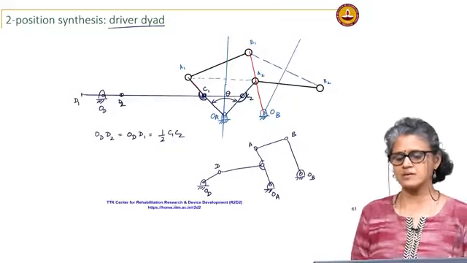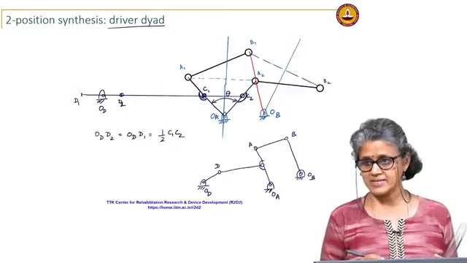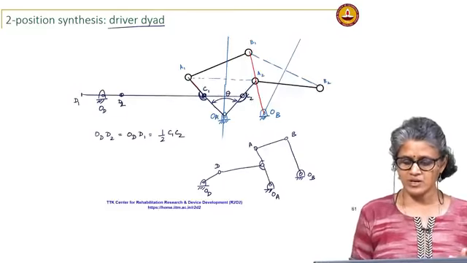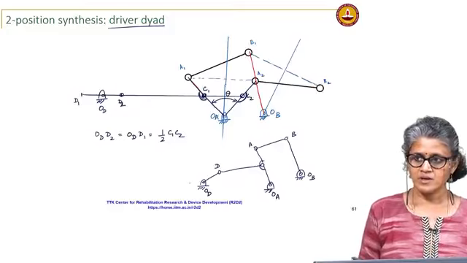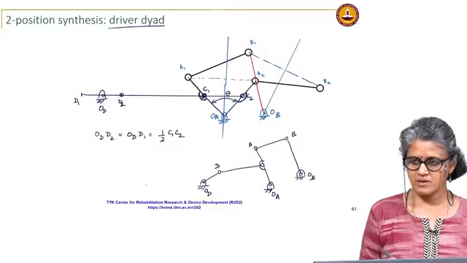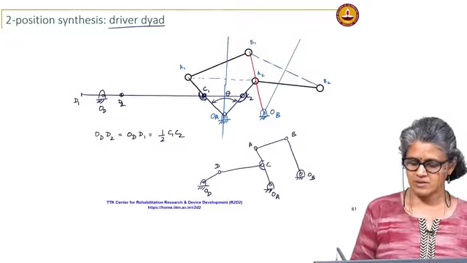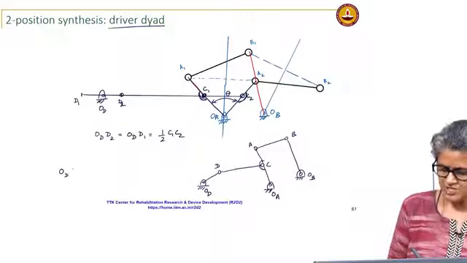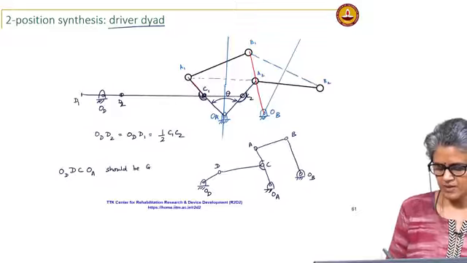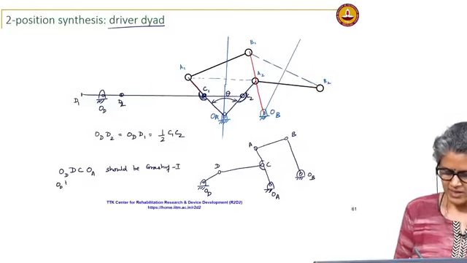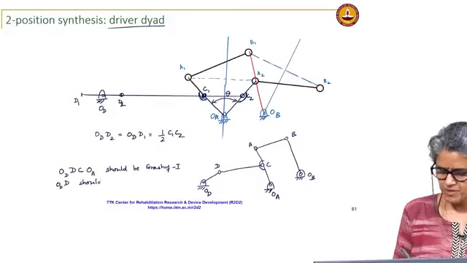So, this becomes my overall linkage once I add the driver dyad. Now, which part should be the Grashof linkage? I should check the Grashof for OD, DC, OA, should be Grashof type 1, and OD should be the shortest link of this 4 bar.